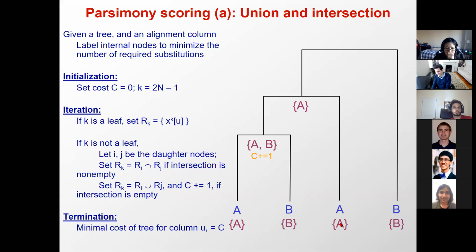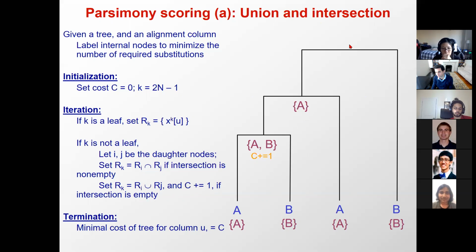And here it's clearly an A. So I'm going to choose the setting of that variable that minimizes the cost, and that is simply A. And I don't have to pay anything else, so that cost is not incremented. Okay. So if the intersection is empty, then I pay an additional cost. But if the intersection is not empty, then I don't pay an additional cost.